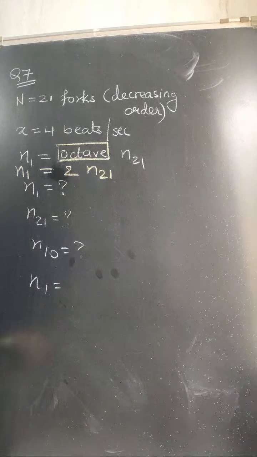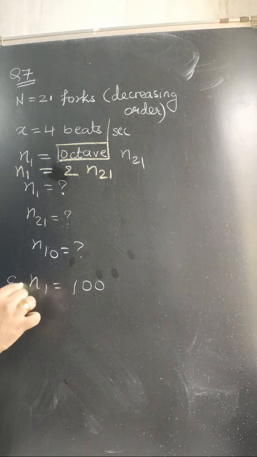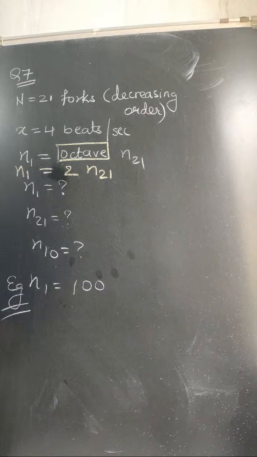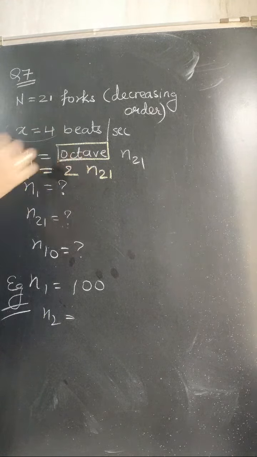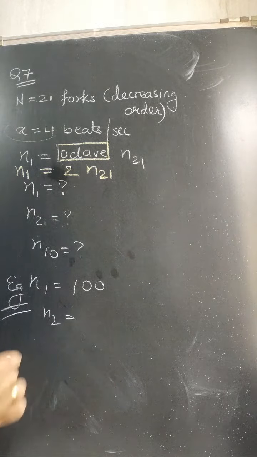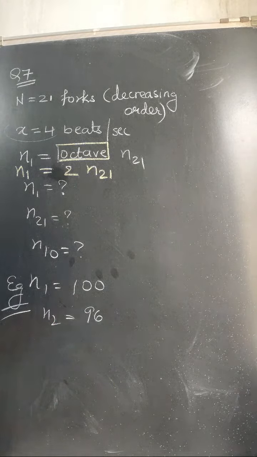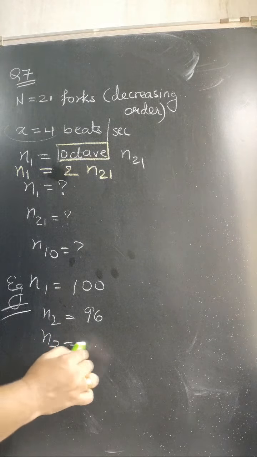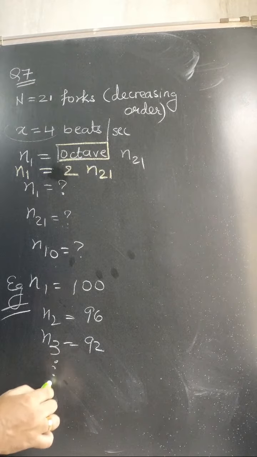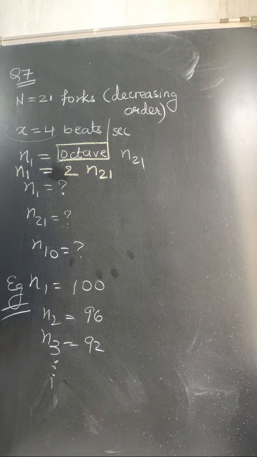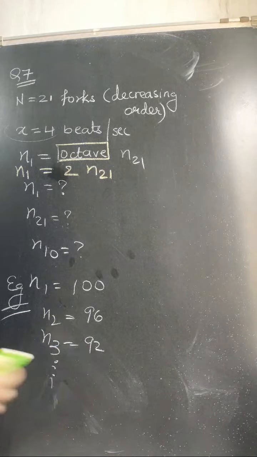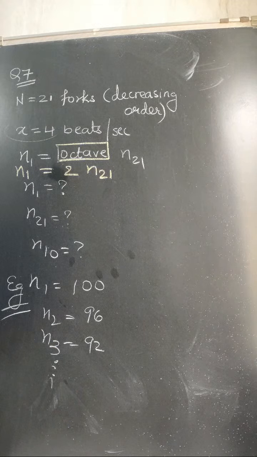So just think about this. If N1 is 100, suppose, as an example, then what will the value of N2 be? The number of beats is 4 and it is decreasing, so it will become 96. N3 will become 92 and so on.